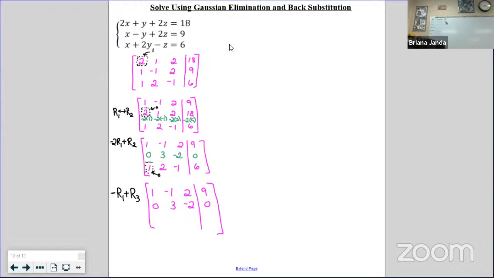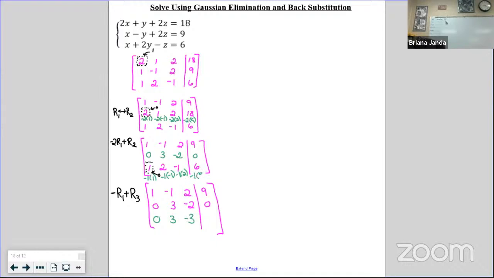Okay, so let's do that again. Negative 1 times row 1, that'd be a negative 1 plus 1 is 0. Negative 1 times negative 1 is 1, plus 2 is 3. Negative 1 times 2 is negative 2, plus negative 1 is negative 3.